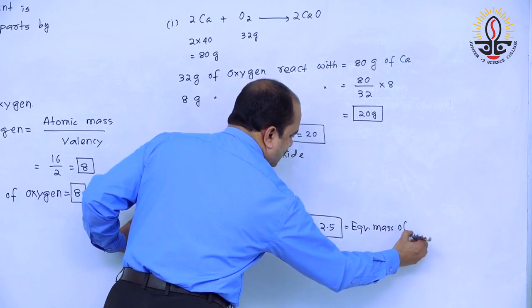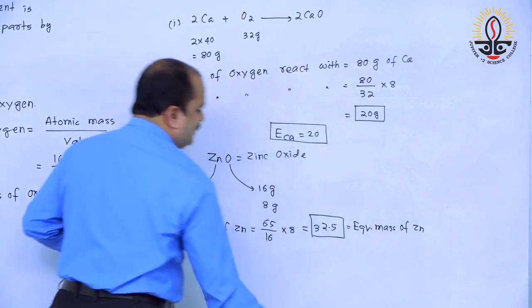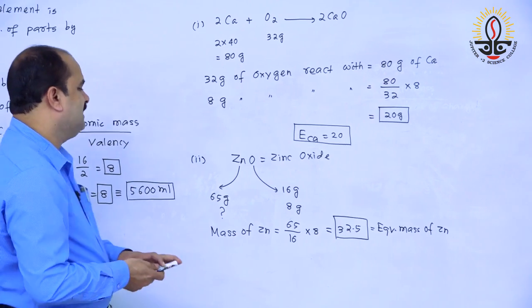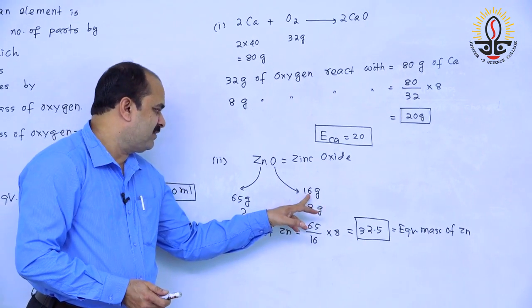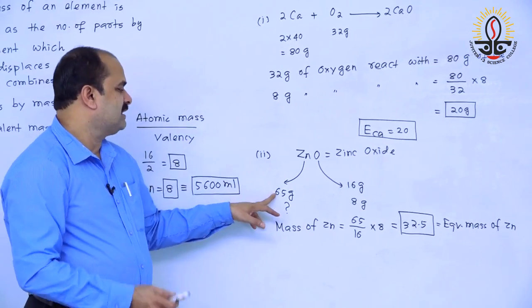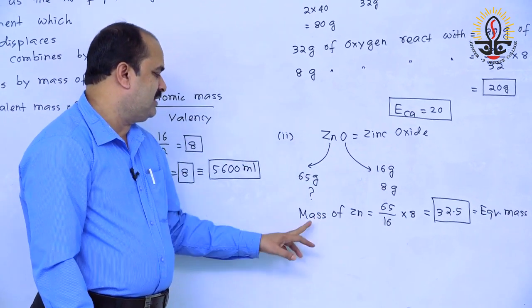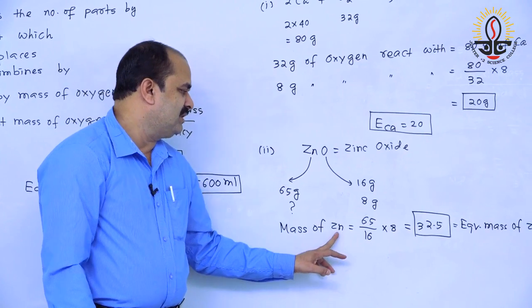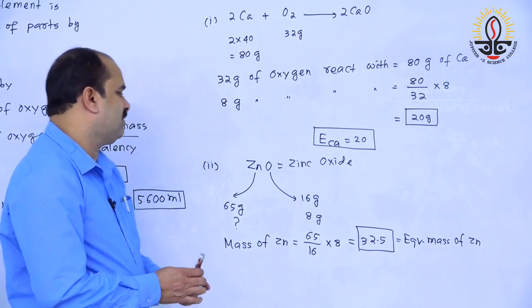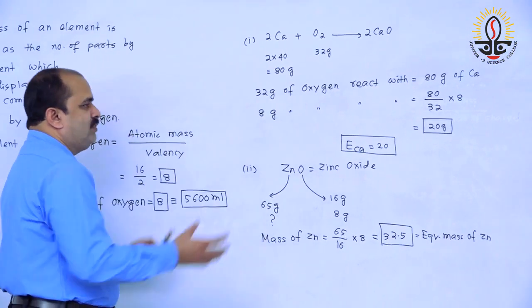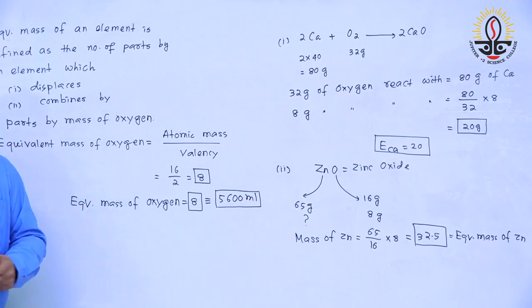Equivalent mass of zinc is equal to 32.5 because 16 gram of oxygen combined with 65 gram of zinc, so 8 gram of oxygen combined with this mass of the zinc, that is equal to equivalent mass of zinc. From this conclusion we can derive two formulas.